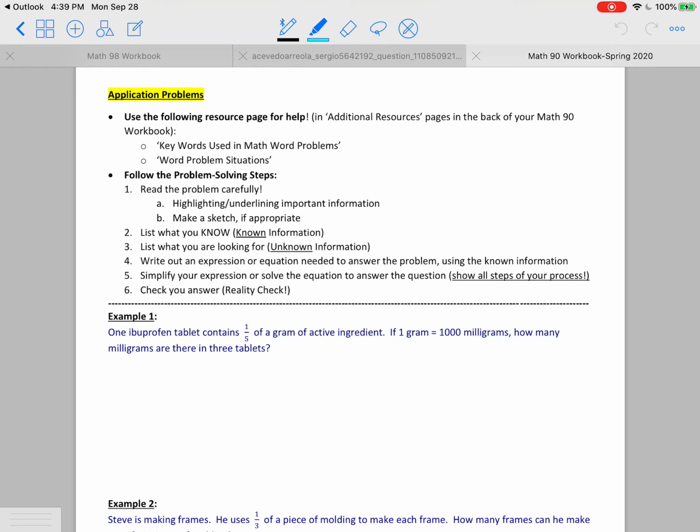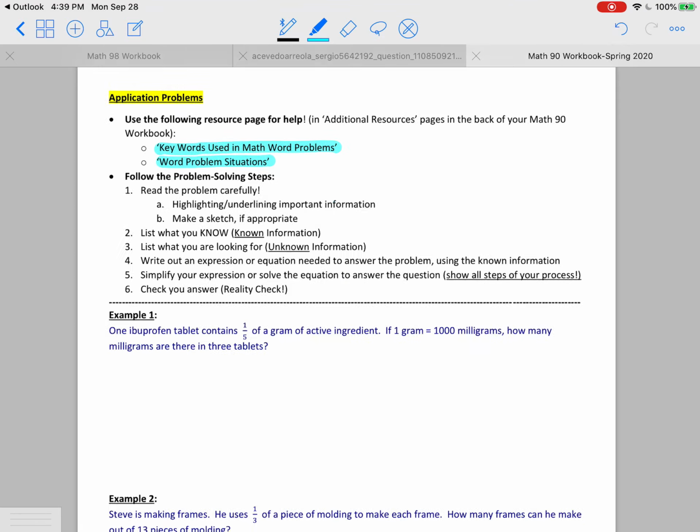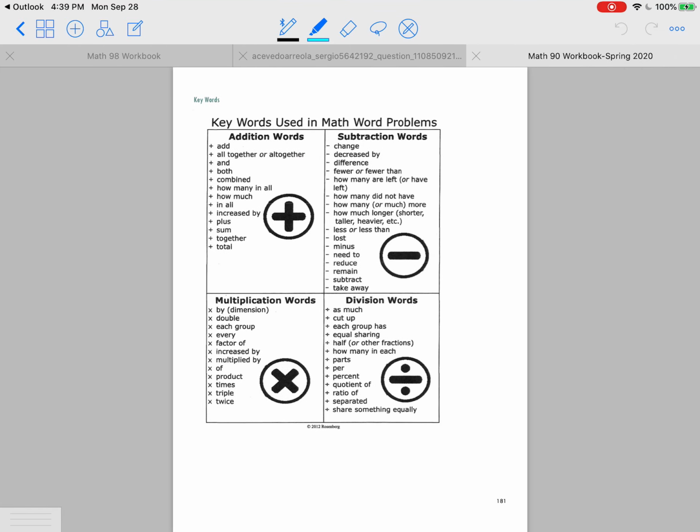You do have a resource page in the back of your workbook that should be helpful to you guys. In fact, they're two separate pages, but they're back to back. One of them is called Keywords Used in Math Word Problems, and one is called Word Problem Situations.